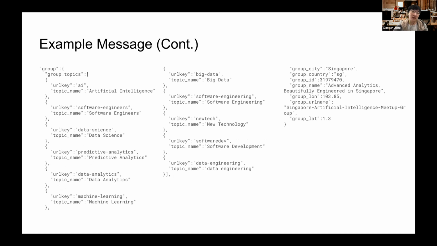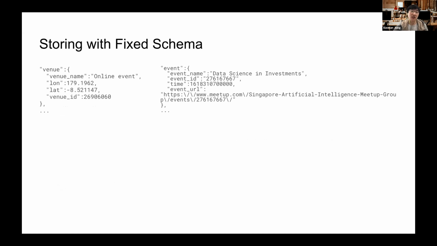That leads to the question, how do we store this data? There are multiple options. The first option is, can we store it with a fixed schema? In most Pinot use cases, we enforce a fixed schema to hold all the data.